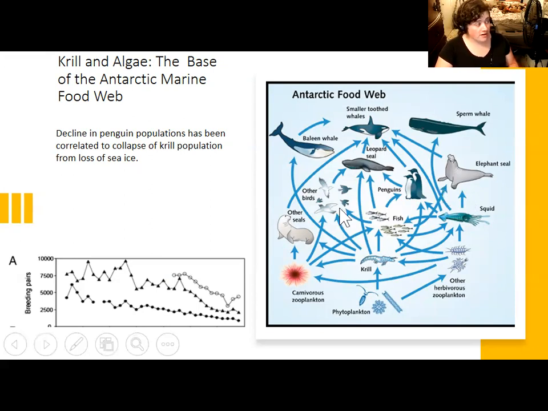What happens at the bottom of the food chain is going to really affect what's higher up on the food chain.